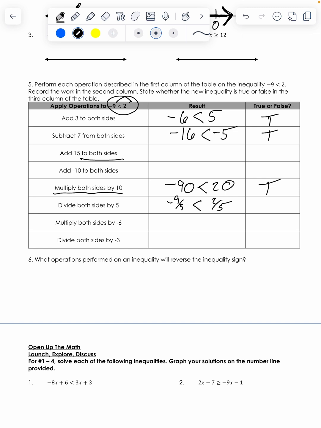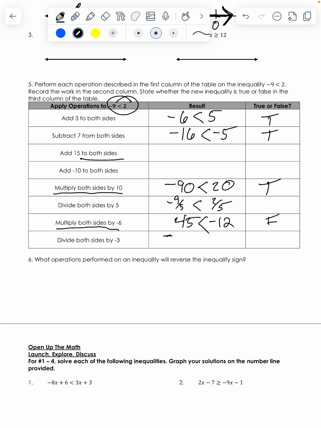Still true. But if you multiply both sides by -6, now we're in trouble, because a negative times a negative becomes a positive. So we have 45 is less than -12. And we know that's just not true, right? That is false.